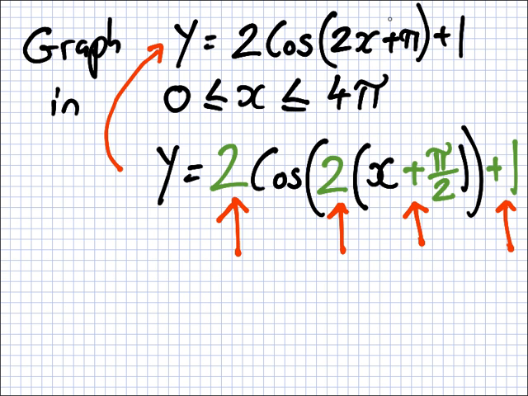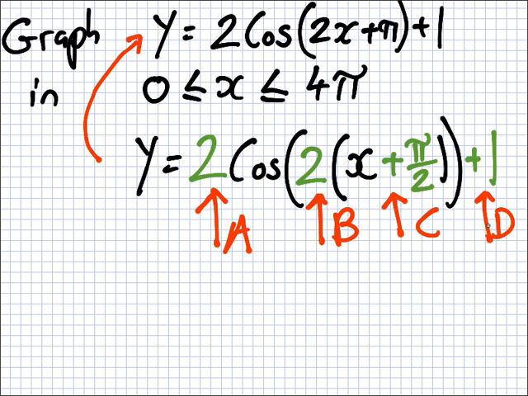But by having it mixed together like this, it becomes a little bit confusing on which you should consider first, the C or the B. So just to prevent any confusion, it's much easier if you factor out the 2. And then this is A, this is B, this is C, and this one here is D. Once you have that clear, then we can start. So before you begin, factor out the 2. Okay.